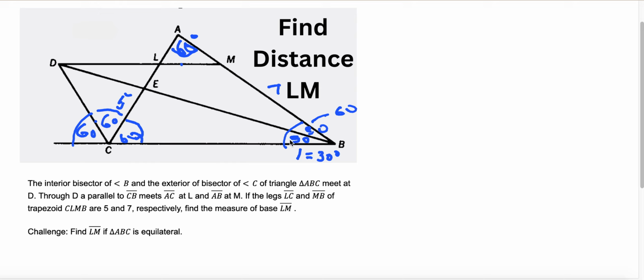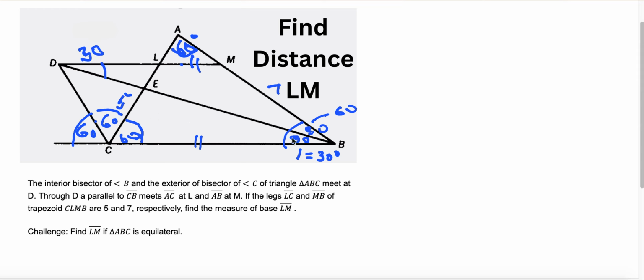Now in the trapezoid, this line here is parallel, so the bases are parallel with each other. If this angle here is 30 degrees, this here has to be 30 degrees.